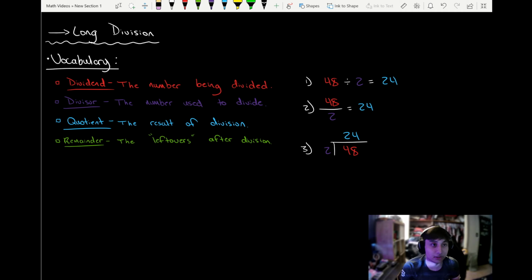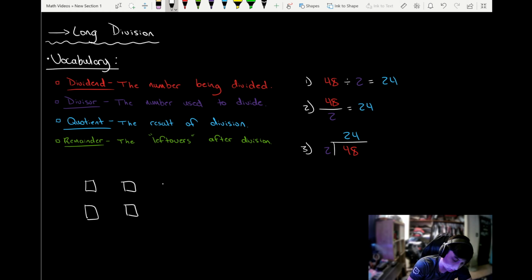And I actually don't have anything in green because I wanted to walk through a mini example of the remainder in real time. So let's do that. Let's say we had 5 squares. One, two, three, 4, 5, right? And we wanted to divide those squares into groups of 2.